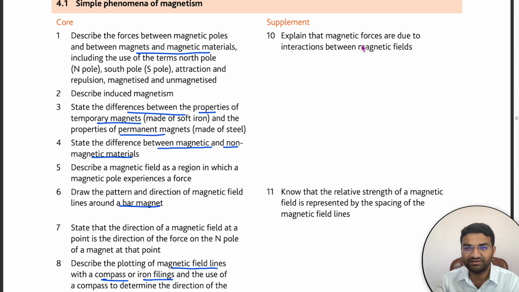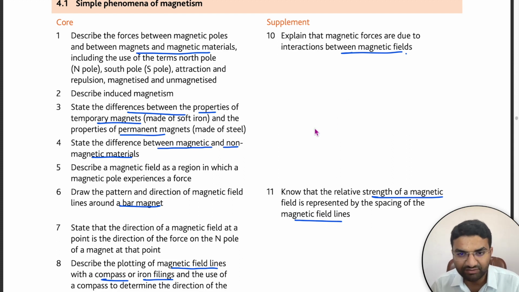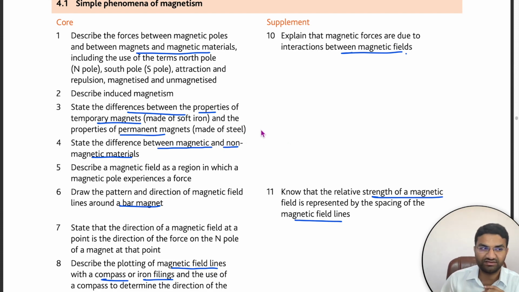Then for an extended student, the magnetic forces are due to the interaction between magnetic fields. The strength of a magnetic field is represented by the spacing of the magnetic field lines. So closer magnetic field lines mean a stronger magnetic field, and we have to discuss this in this topic.